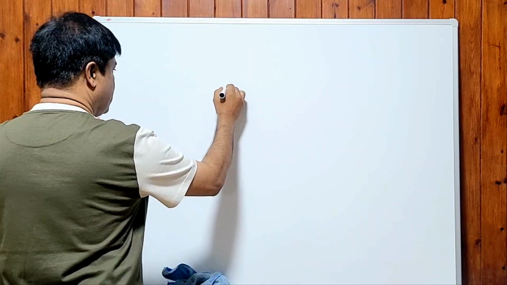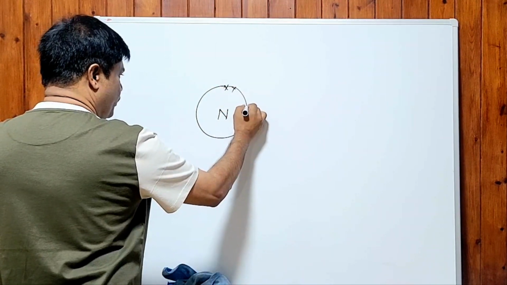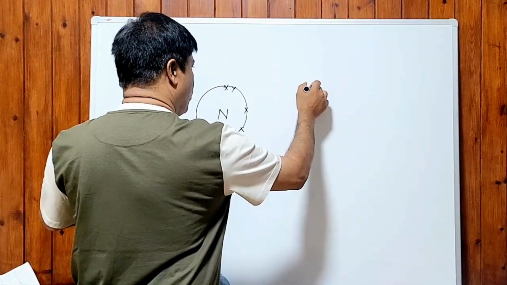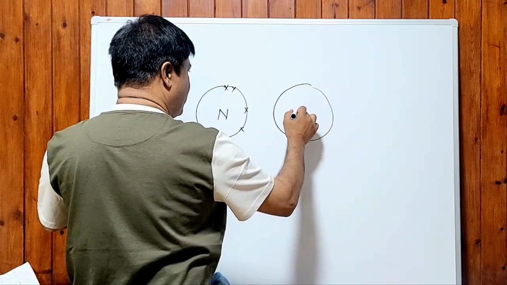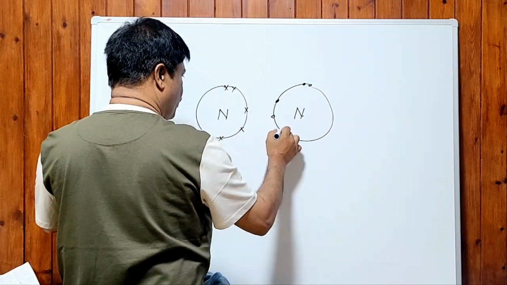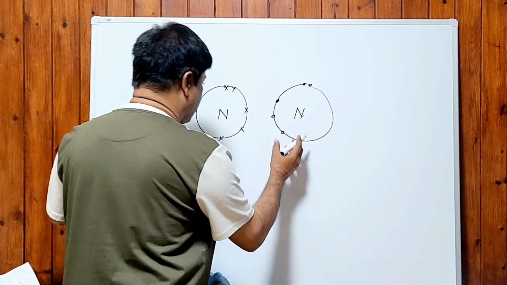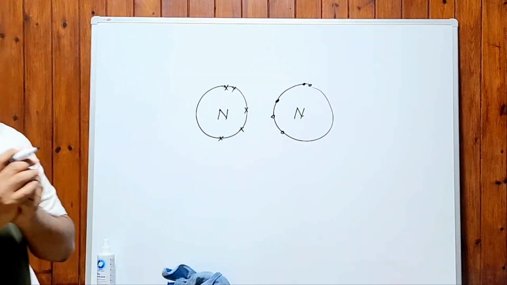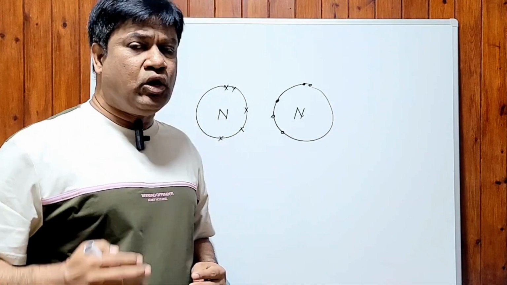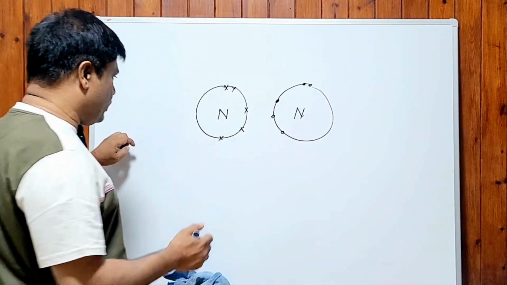Nitrogen has 5 electrons in the outer shell. 1, 2, 3, 4, 5. This nitrogen also has 5 electrons in the outer shell. They share so that they will get 8 electrons in the outermost shell. They come close together, and each nitrogen atomic orbital overlaps with the other nitrogen atomic orbital.